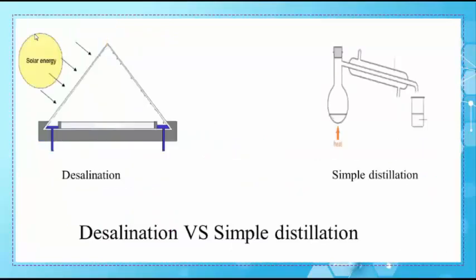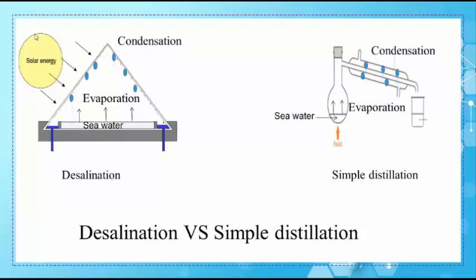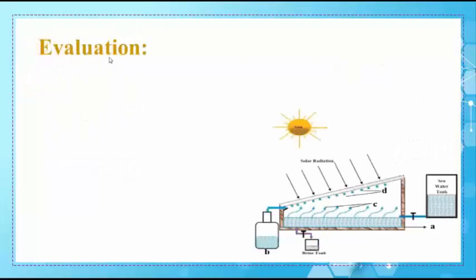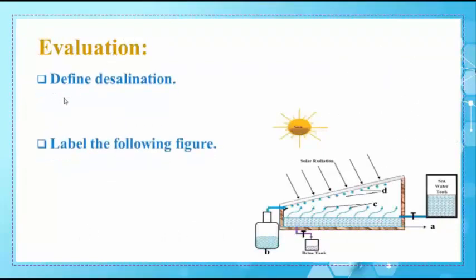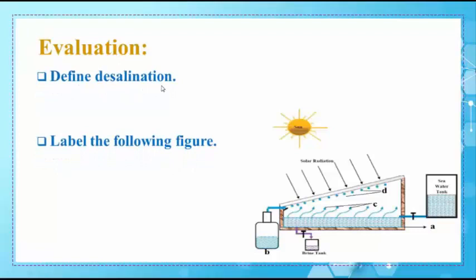In both techniques, seawater or salty water is used. Also, in both techniques, evaporation occurs, followed by condensation, and finally, distilled water is collected. Let us evaluate our lesson. Define desalination.